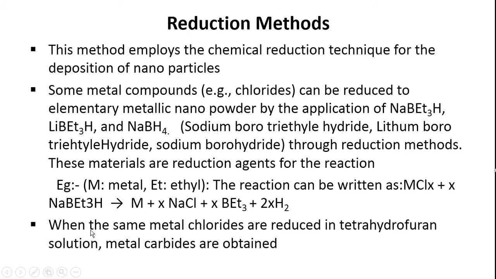When the same metal chlorides are reduced in tetrahydrofuran, that is another reduction agent. So different kinds of reduction agents are there. When metal chlorides react with the tetrahydrofuran solution, we can produce metal carbides. Just as an example, I have given here. So this is as far as the reduction methods are concerned.